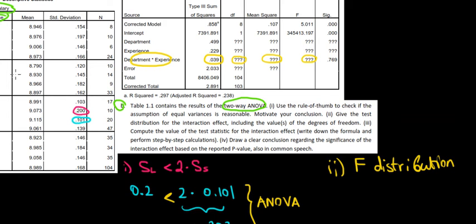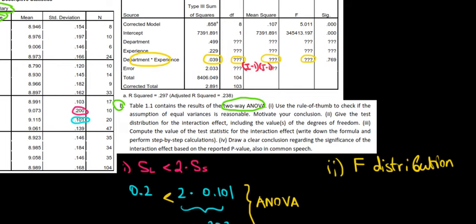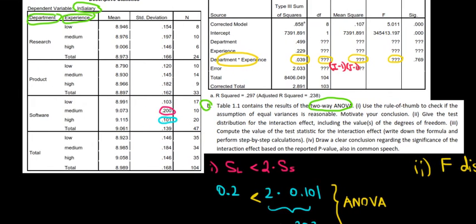Now what's going to be the degrees of freedom between the groups? It's the number of groups of the first variable minus 1, times the number of groups of the second variable minus 1. How many groups do we have? In the department we have research, product, software, 3 groups.